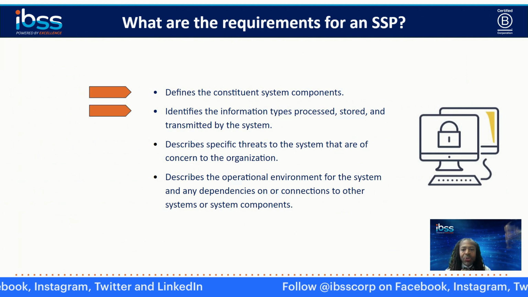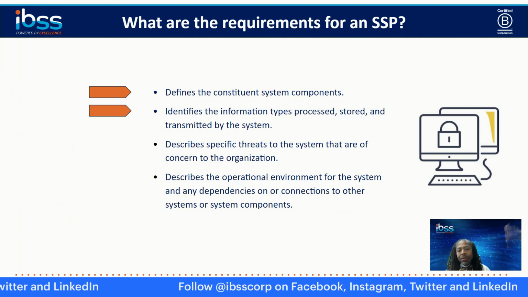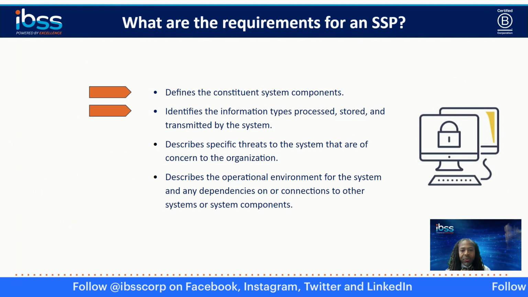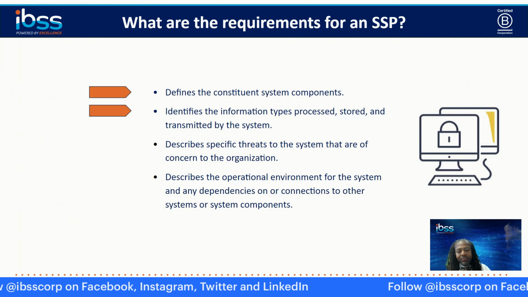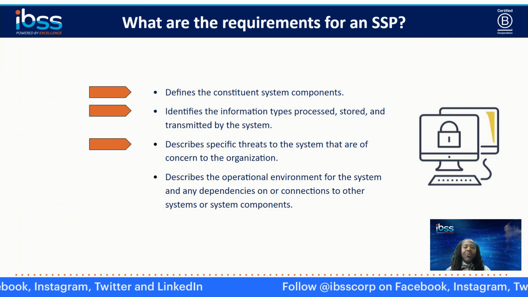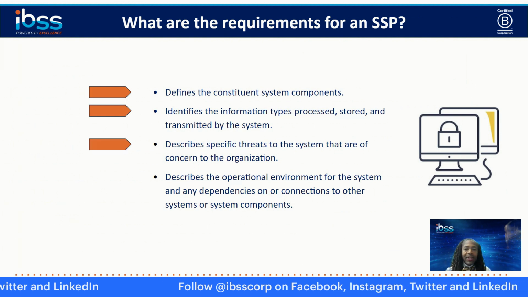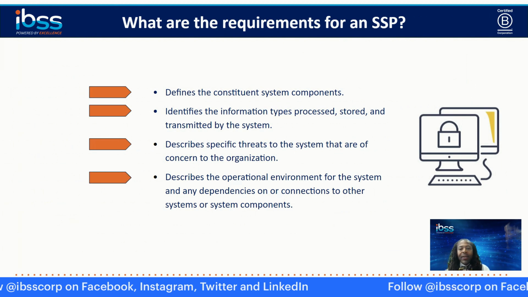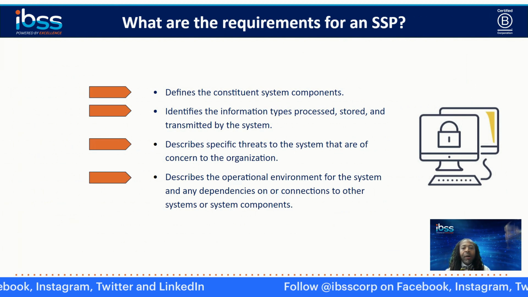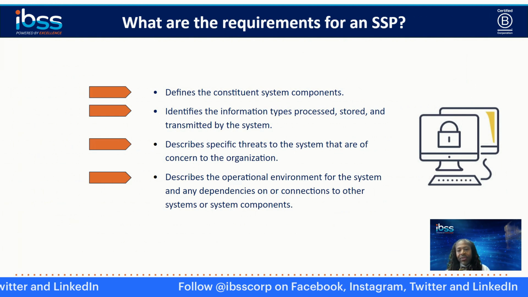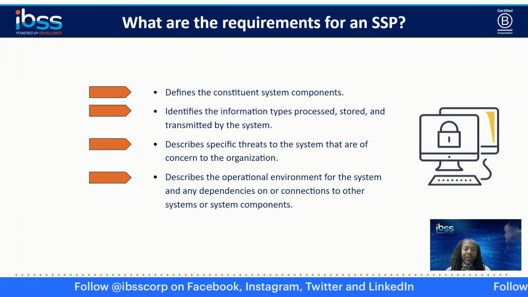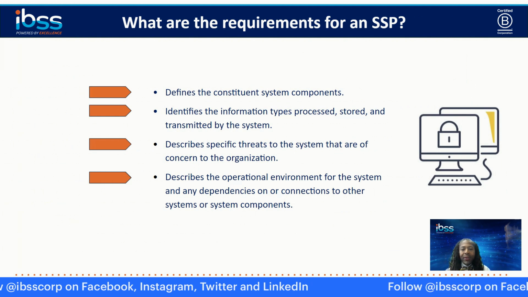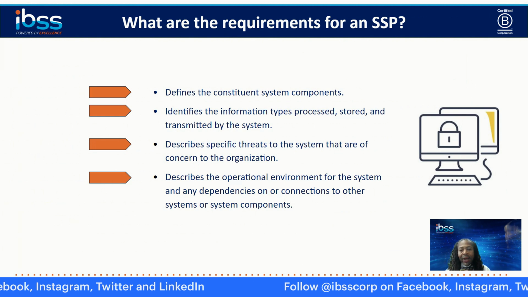You also want to be sure to identify the types of information that the system will be processing, storing, and transmitting. Your SSP should also discuss different types of threats to your particular organization. And you want to be sure to talk about the operational environment. Some organizations choose to do everything on premises, while others choose to deploy their operations to the cloud or a hybrid combination.